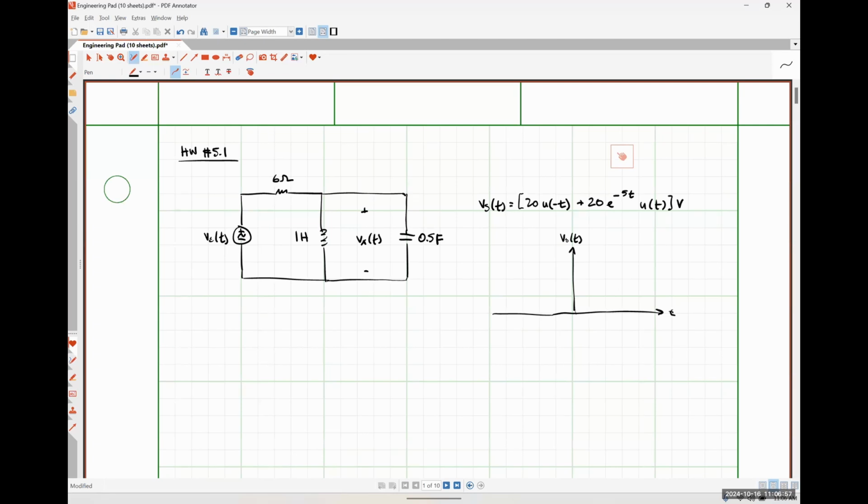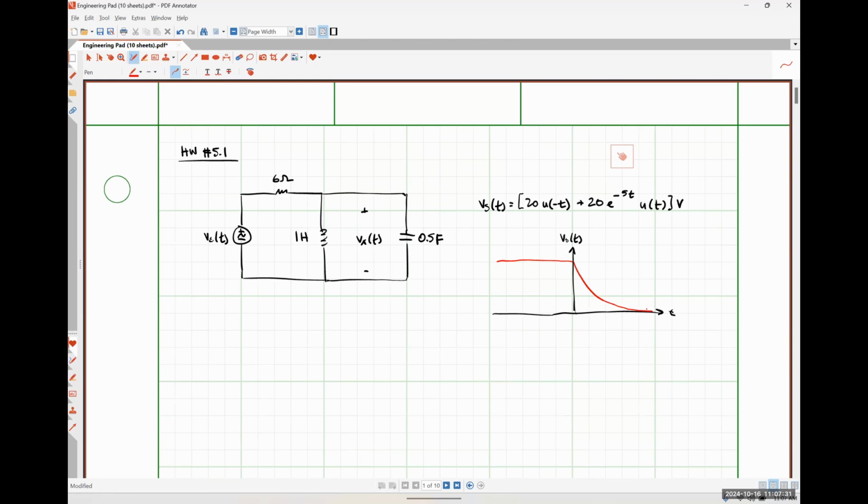So effectively what we've got going on is a constant DC voltage of 20 volts until we hit t equals 0, at which point this guy turns off and this guy turns on. And so the right-hand portion of this is an exponentially decaying function whose initial value is 20. So we have a continuous voltage as a function of time. It's 20 volts DC until we hit t equals 0, and then it just exponentially decays.